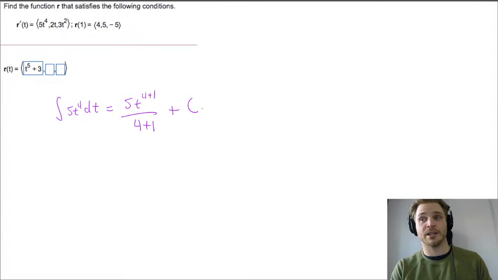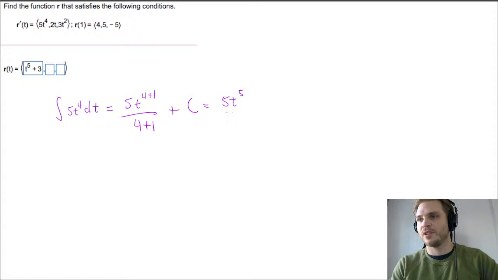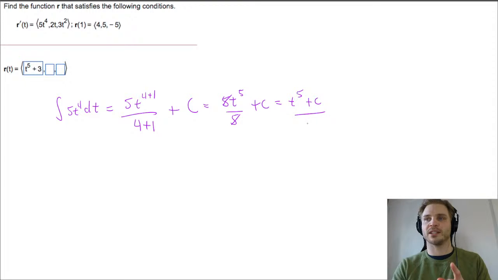We need that here, and you'll see why in a moment. That's the power rule. So 5t to the 5th over 5, these cancel, and so we get t to the 5th plus c. Okay, let's hold on to that for a second. This is our x of t, for r.